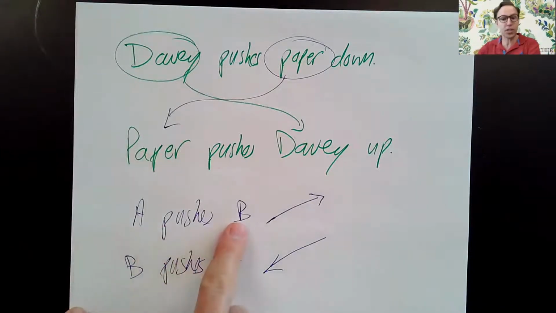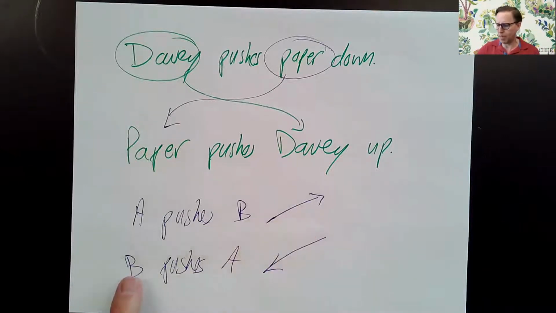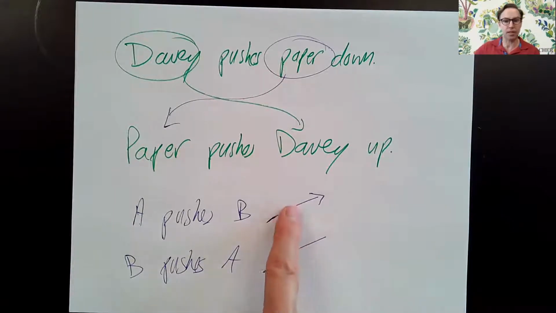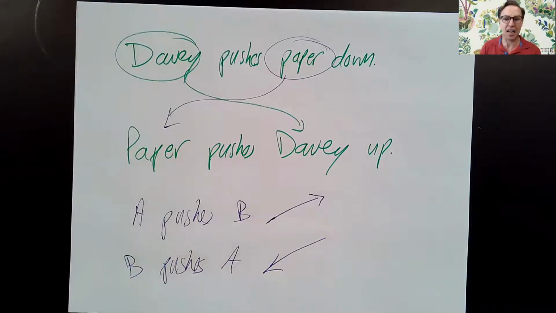If A pushes B that way, it is also true, no matter what, that B pushes A in exactly the opposite direction. And the number of newtons that each of these forces is, is the same number of newtons, exactly. So if my fist pushes my cheek, my cheek pushes my fist.